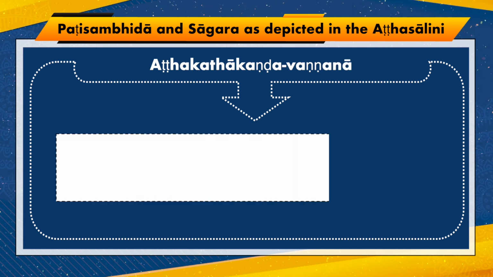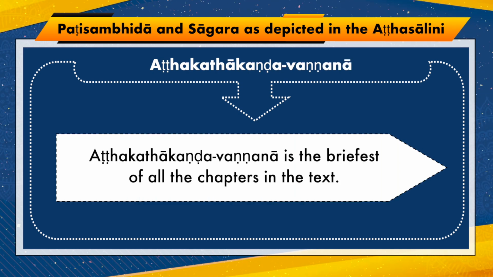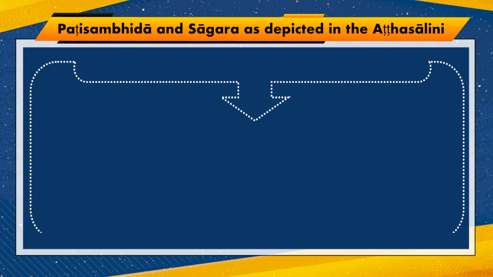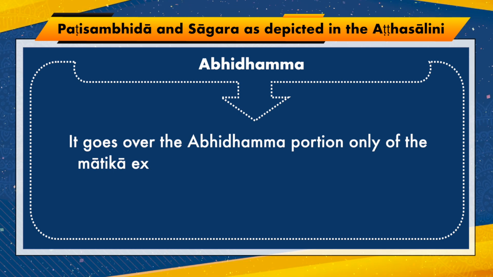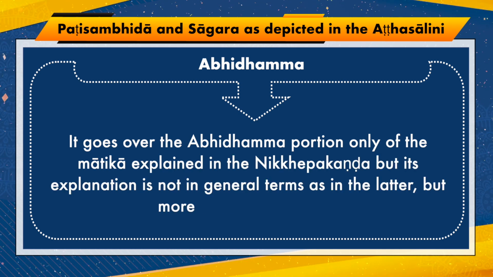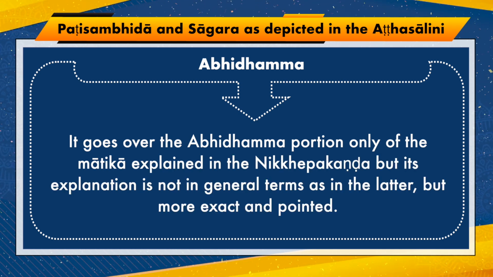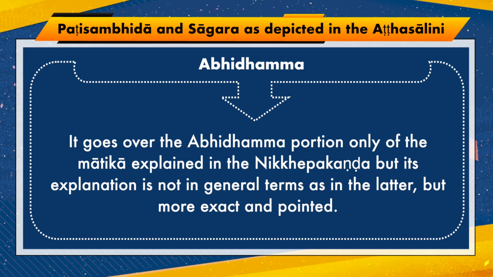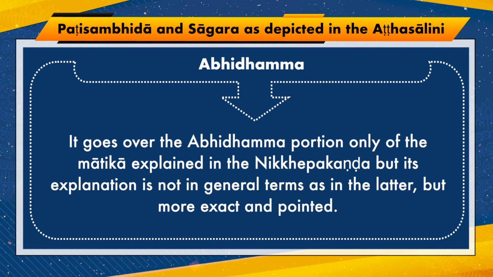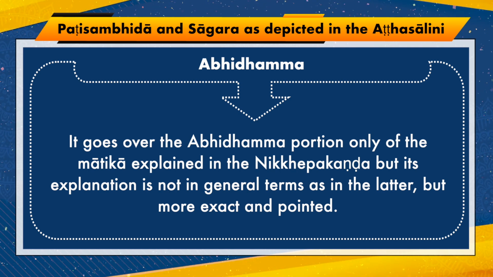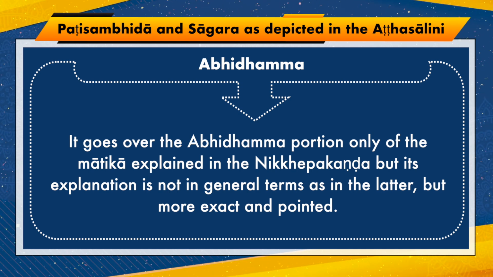The last chapter, Aṭṭhakatha Varnana, is the briefest of all the chapters in the text. It goes over the Abhidhamma portion only of the Matika explained in the Nikhepakanda, but its explanation is not in general terms as in the latter, but more exact and pointed.